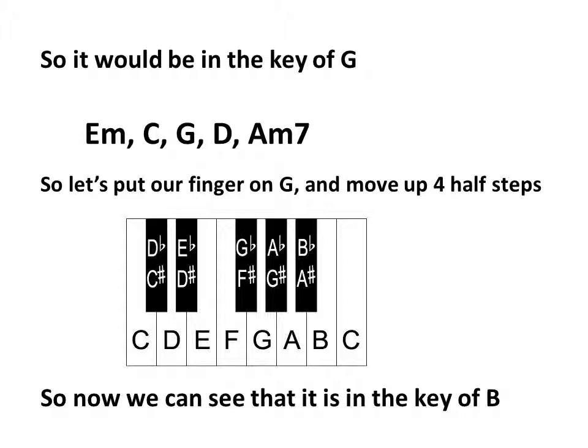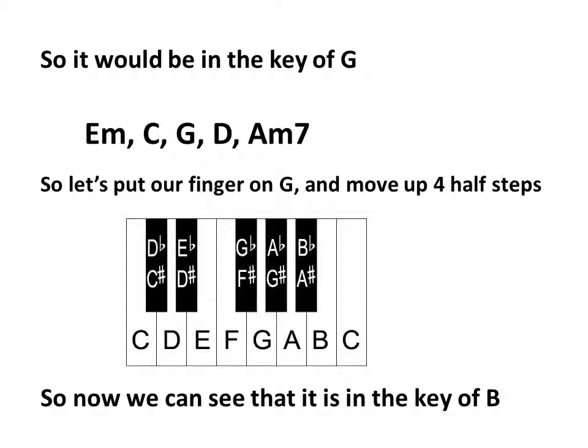So we're at B. So the G shape, which is the number 1 chord, we have determined we really are playing a B major chord at capo 4. If we're playing a G shape at capo 4, we're really playing a B major chord.